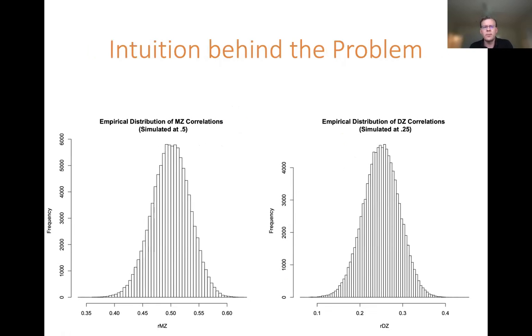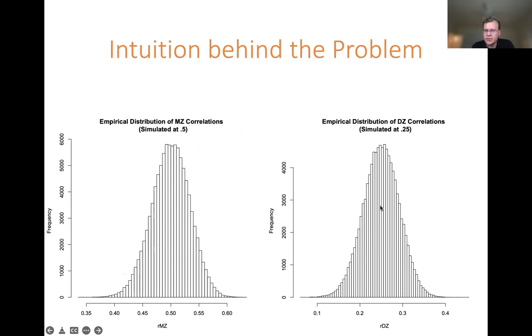Why would this be a problem? Really, the problem comes down to the fact that we're estimating sampling distributions. So if we think about the empirical correlation of MZ twins that are simulated to have a correlation of 0.5, sometimes we're going to have a correlation that's slightly bigger than 0.5, and sometimes slightly lower than 0.5, just due to chance alone.